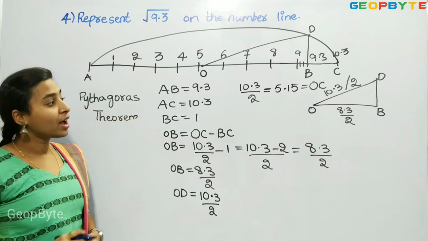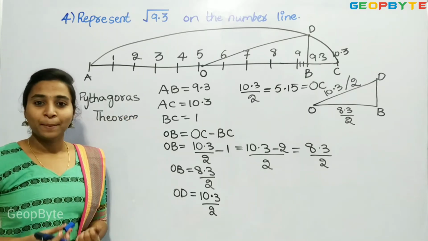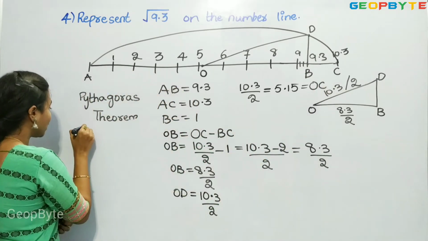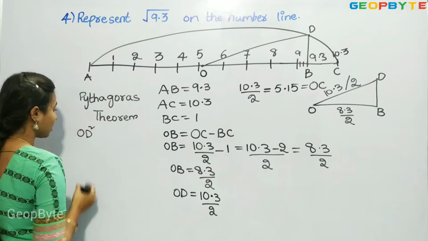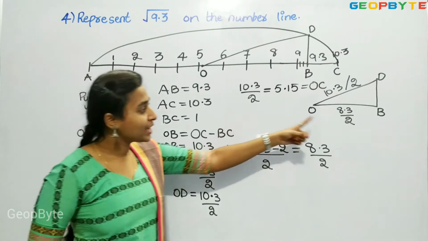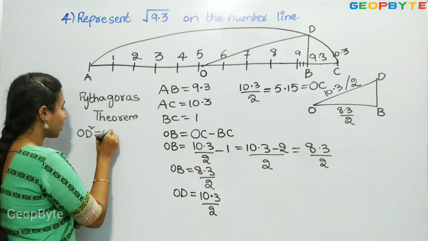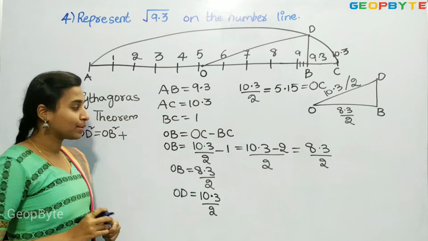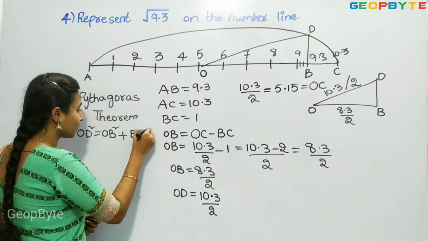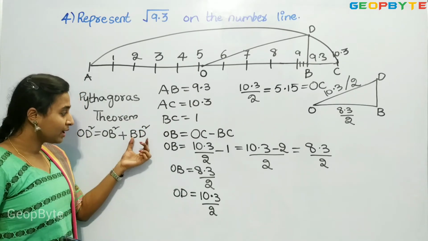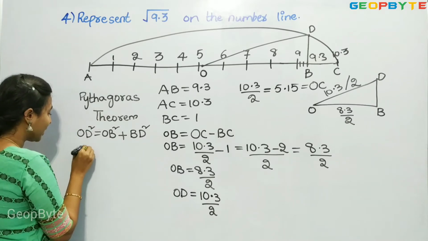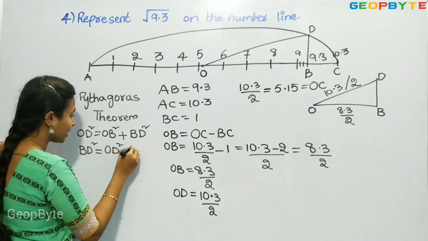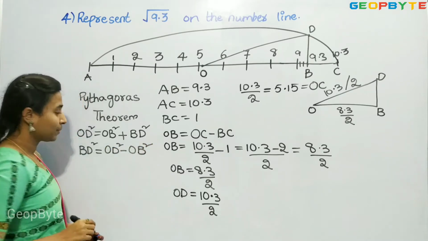The formula: hypotenuse square is equal to base square plus height square. Here OD square is equal to OB square plus BD square. We need to find BD, so BD square is equal to OD square minus OB square.